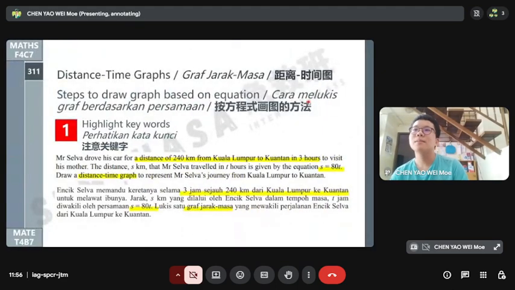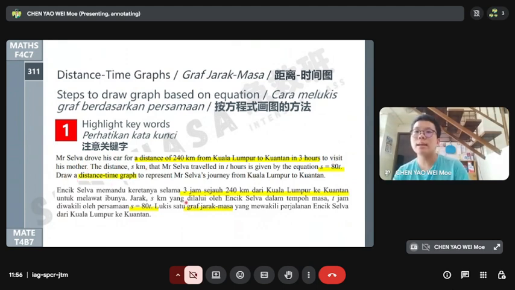If I want to draw a graph based on the equation, you must remember to highlight the keywords. Mr. Silva drove a car, distance 240. First thing, Kuala Lumpur to Kuantan, 3 hours, distance S equals 18T. Okay, ada dua. Distance time graph kena draw.